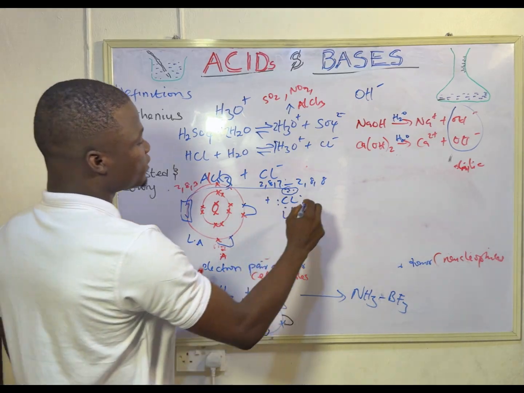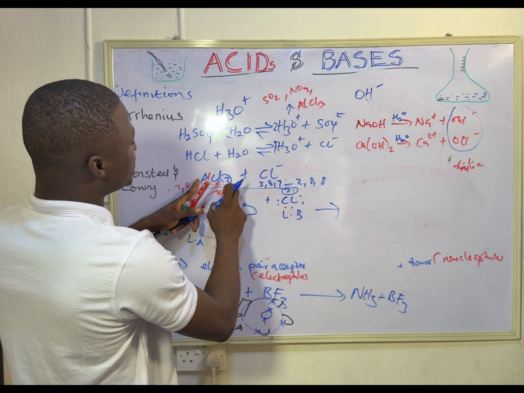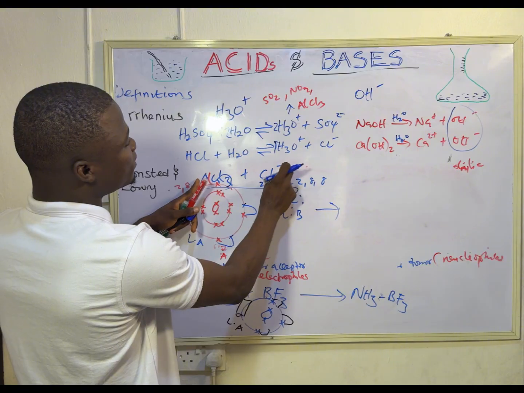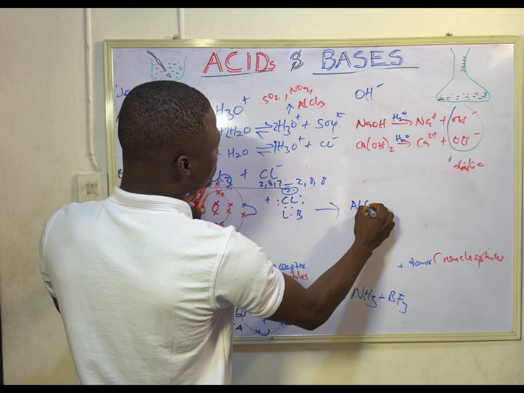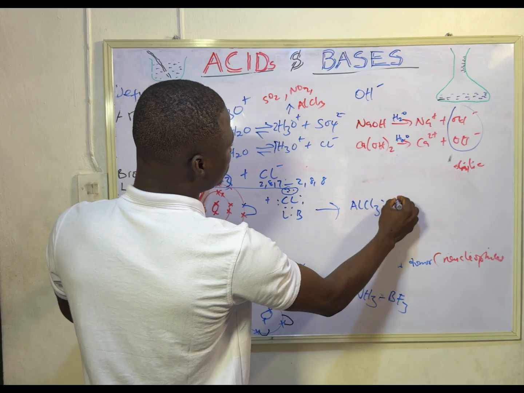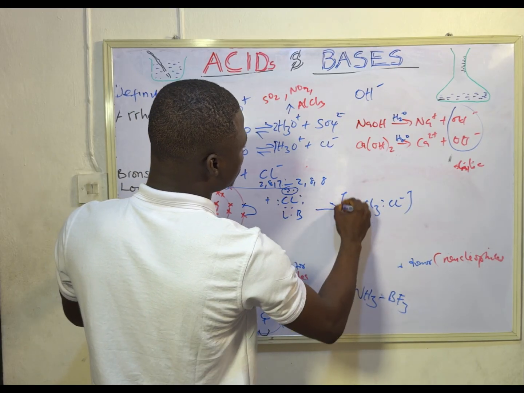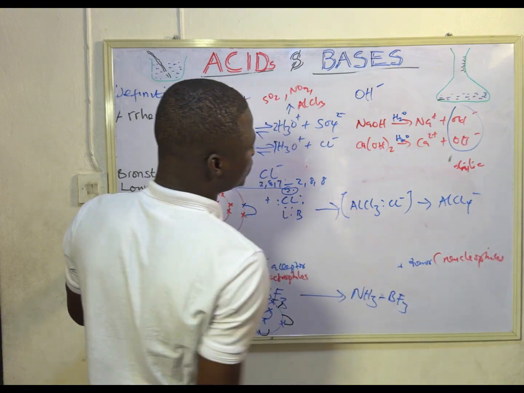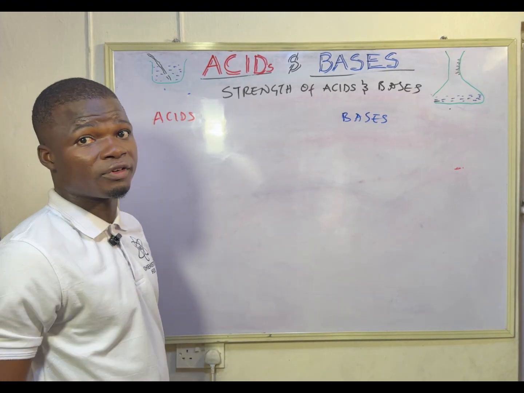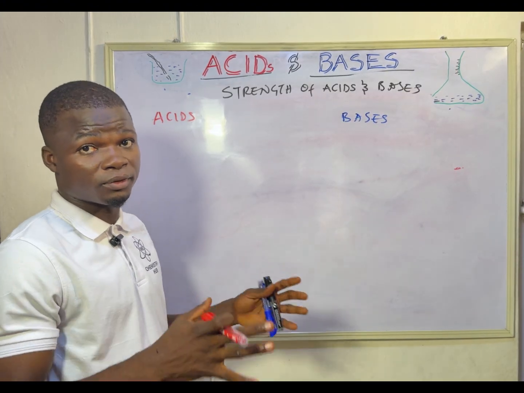So this is AlCl3 and this is Cl minus. So the two of them will form AlCl4 minus.